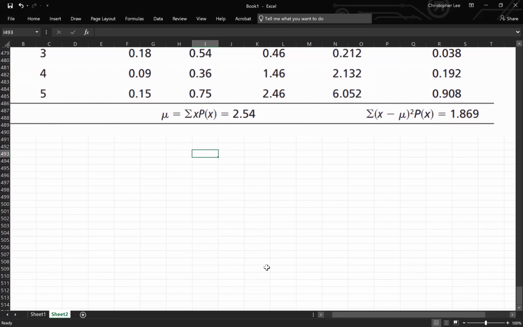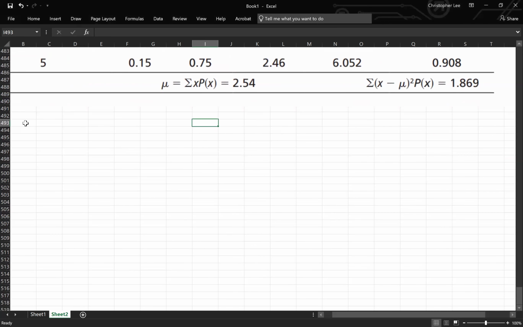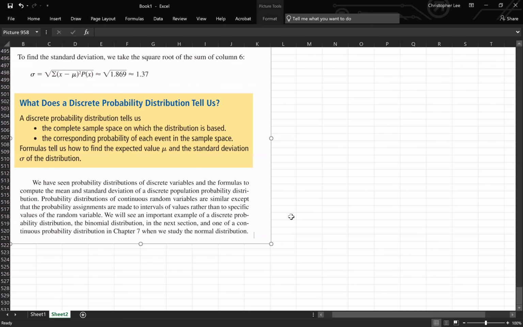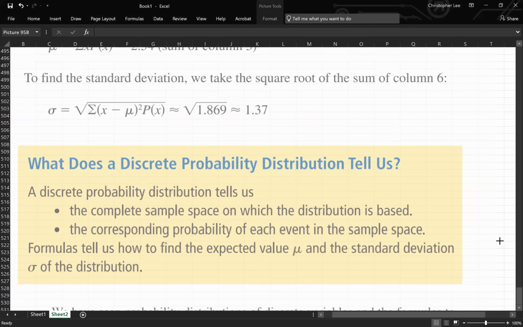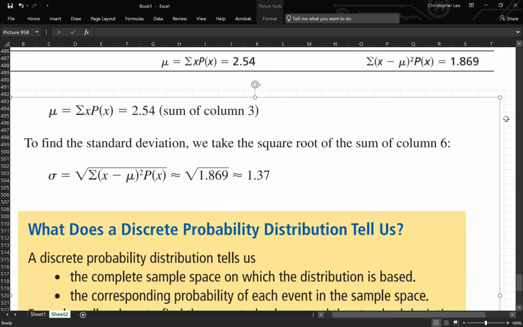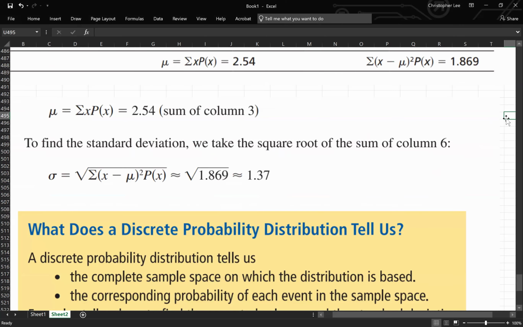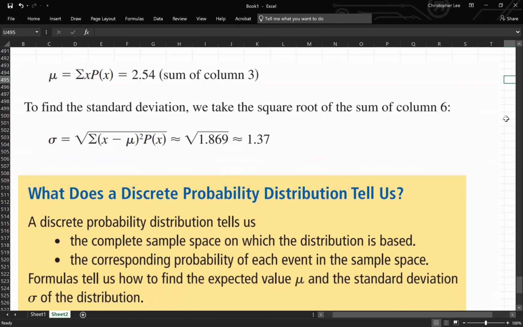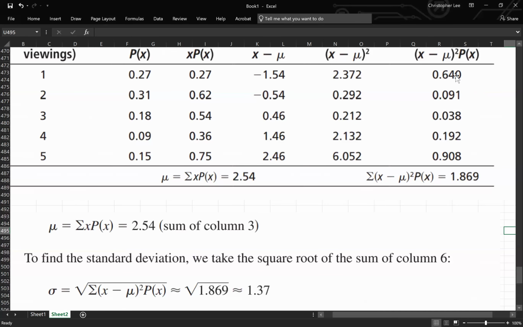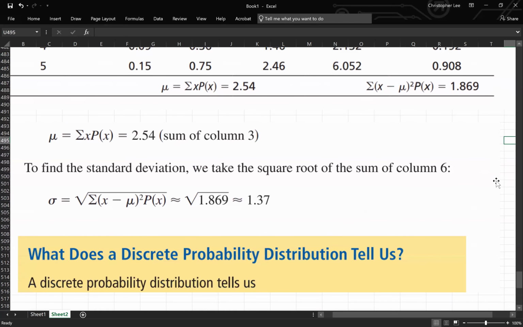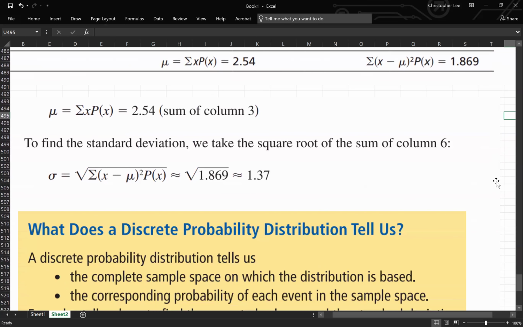So, that being said, all right, our population mean mu is equal to the sum of x times p of x, which is 2.54, right? And then to find the standard deviation, we take the square root of what we have in column 6, which is this part right here. And then we get the 1.37, exactly what we found. So perfect.